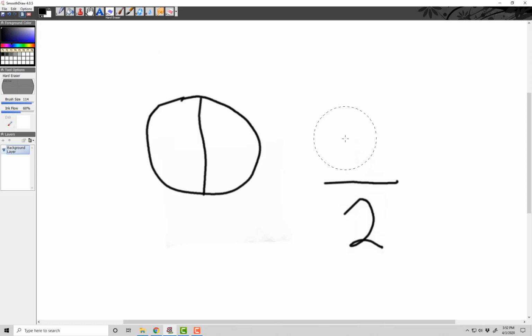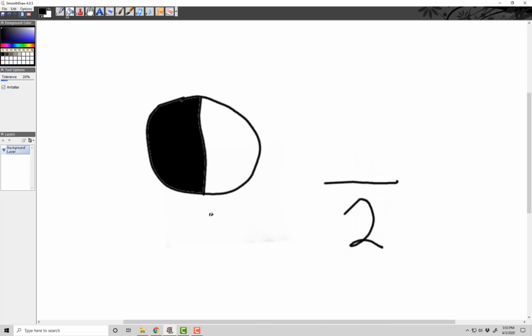Let's pretend we're pretty hungry still. We only eat half of this pie. There's a total of 2 pieces of this pie, right? We're taking that one pie, we've divided it into 2 equal halves. Now we're saying we're going to eat 1, okay? So that's 1 half of a pie, okay?